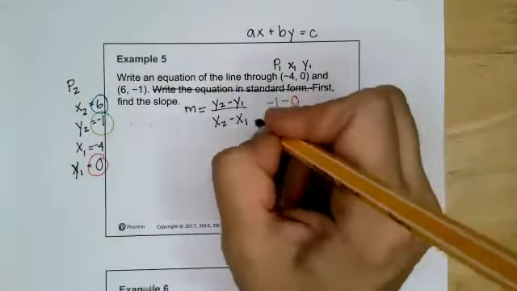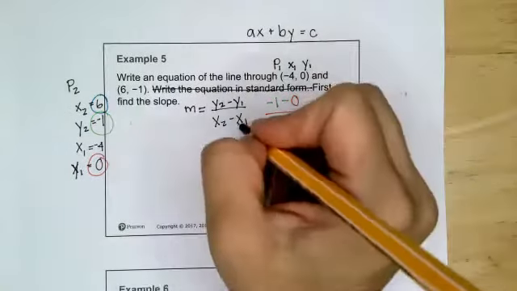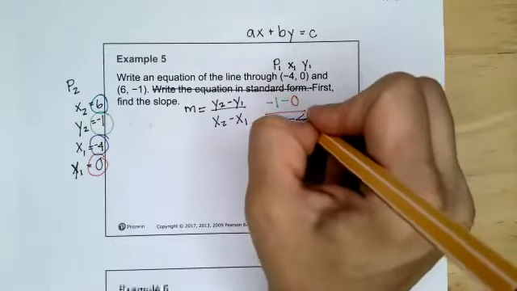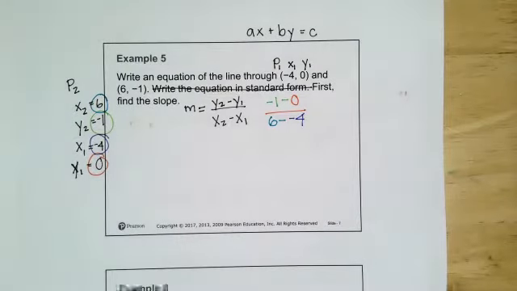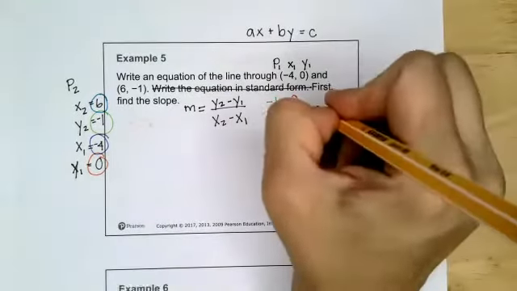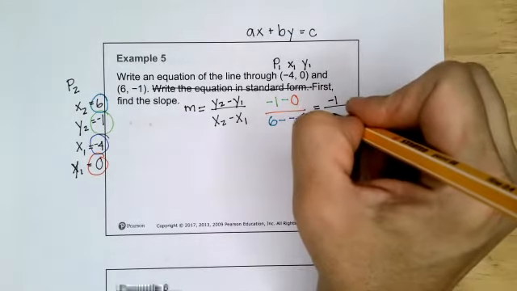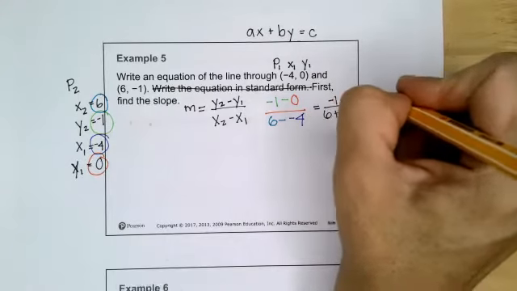And we still have a minus. We're just bringing it along. And then we have x1. X1 was negative 4. Those are 2 separate negatives, so they'll become a positive. Negative 1 minus 0 remains negative 1. 6 minus negative 4 just becomes 6 plus 4. So that's negative 1/10.